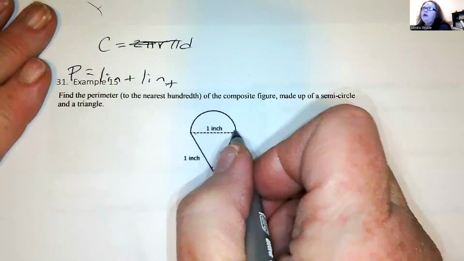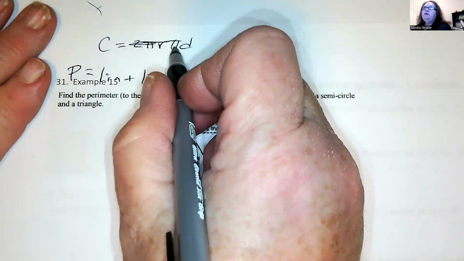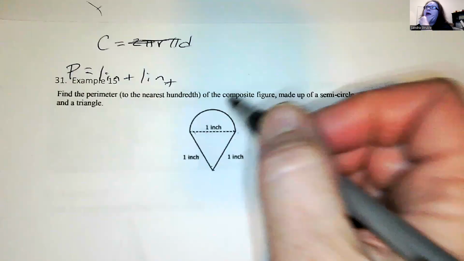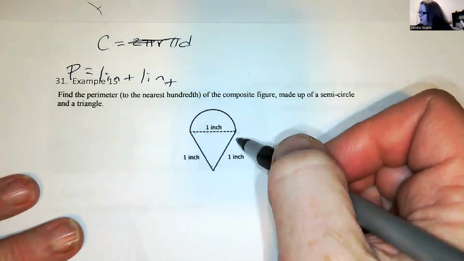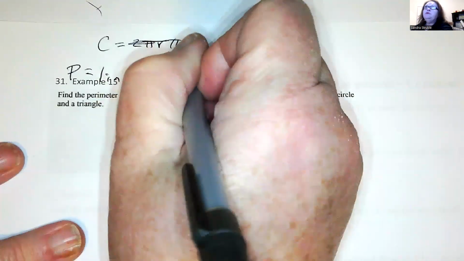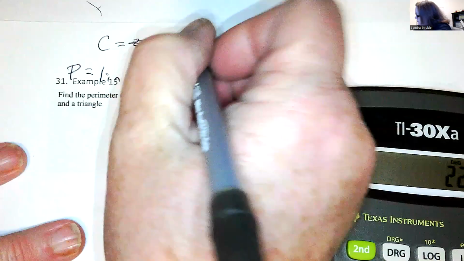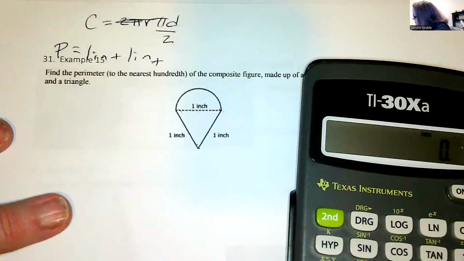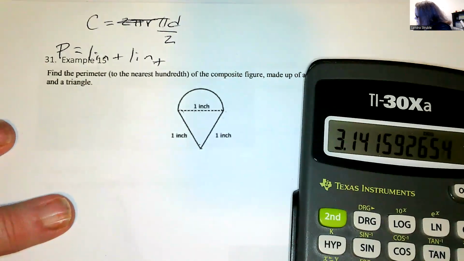If diameter is 1 times pi, but wait a minute, this is only a half of 1. So this is a half of the circumference. So we need to take this pi times d and divide it by 2. Okay. So the diameter is 1. So I've got pi times 1 is pi, and then divide by 2.